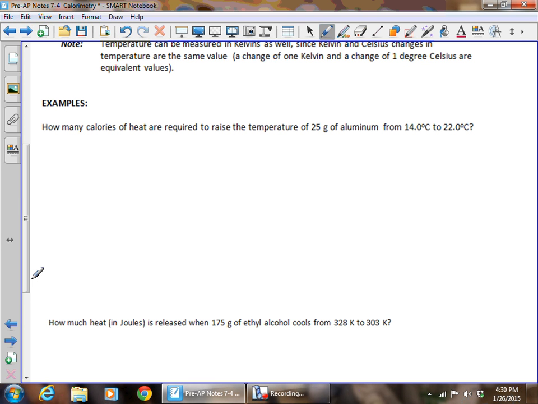The first thing you need to do is figure out what it wants you to find. How many calories of heat are required to raise the temperature of 25 grams of aluminum, so it gave us the mass, from 14 degrees Celsius to 22 degrees Celsius. Now, to get the change in temperature, it's always final minus initial.